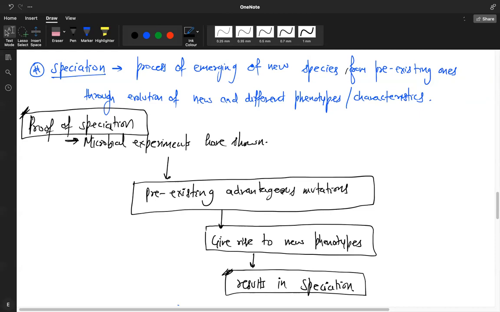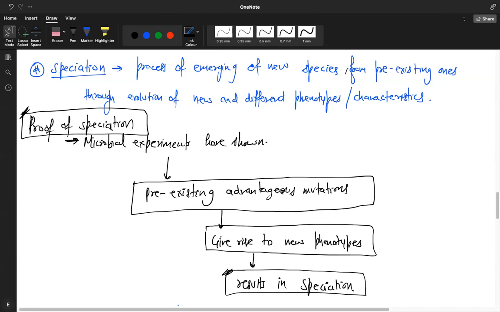Will it get selected right there? No, sir. Provided that conditions are present which test it, like if that particular antibiotic is put into its habitat. So in a few generations it will get selected, because there will be multiple bacteria carrying that genetic mutation and that phenotype, right? Yes, sir.